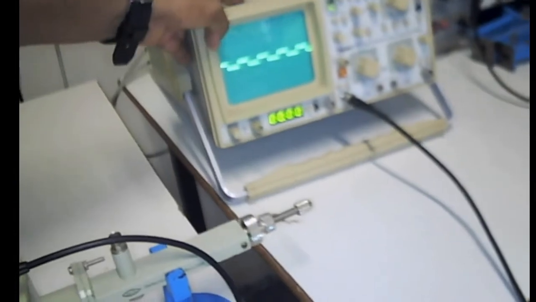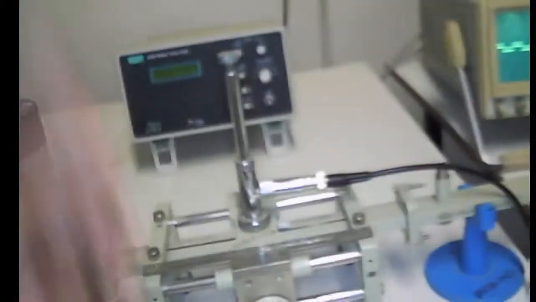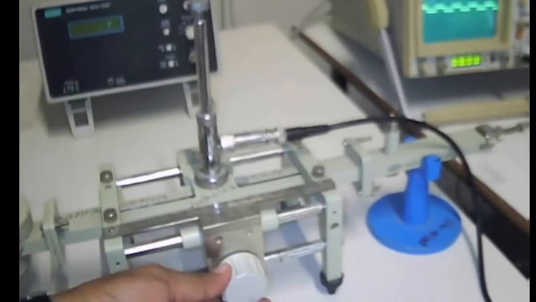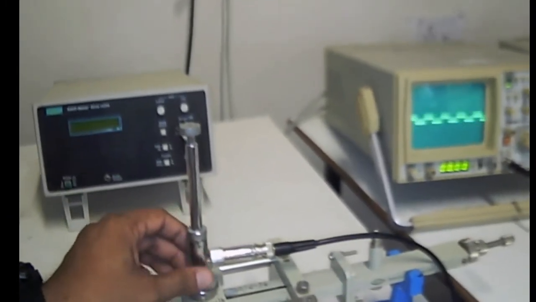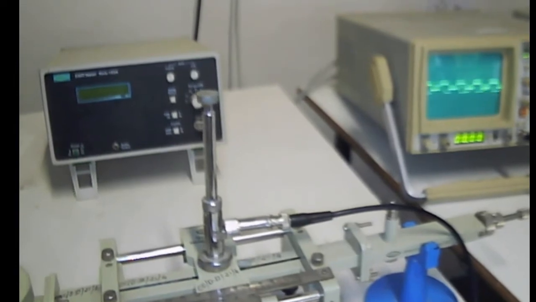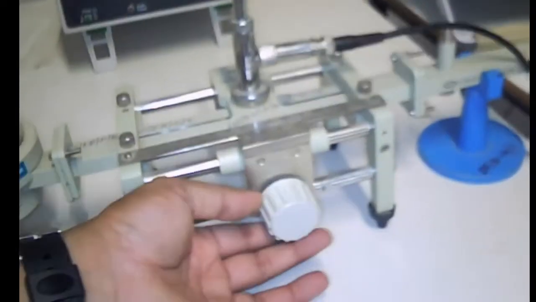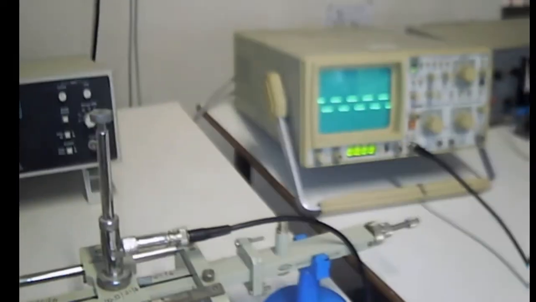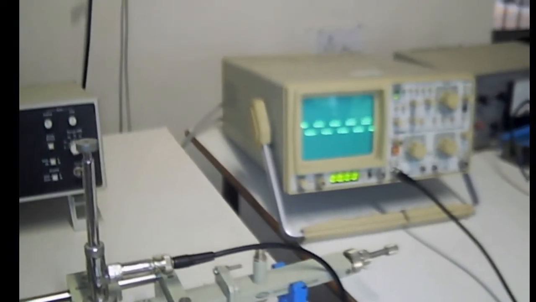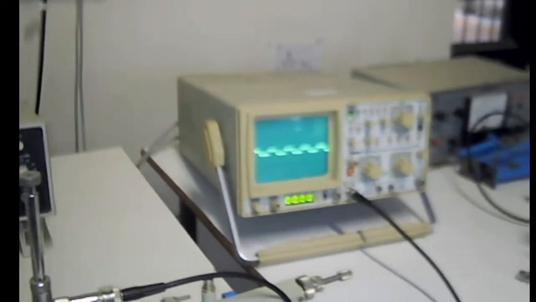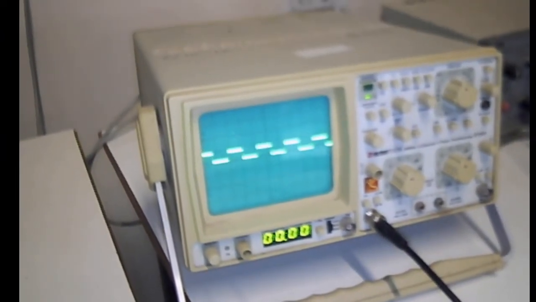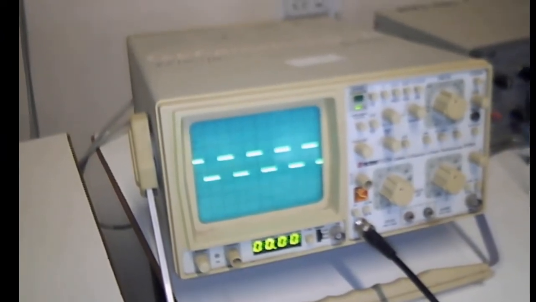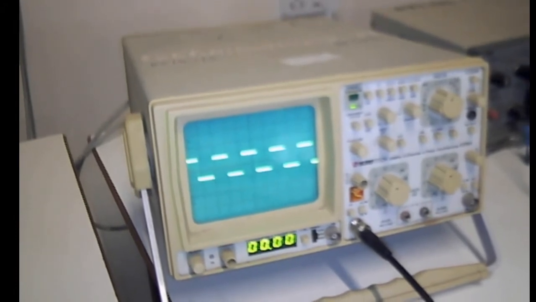So we can see by varying the location of detection, we have this probe. We vary the location of the probe by using this carriage. By changing this location, you can see there is a change in amplitude.